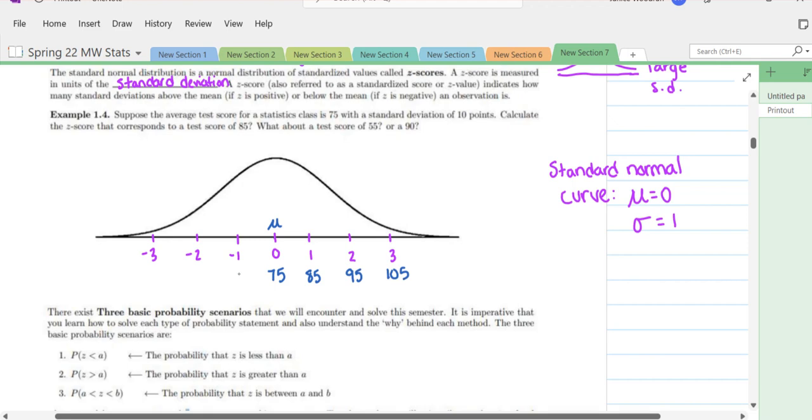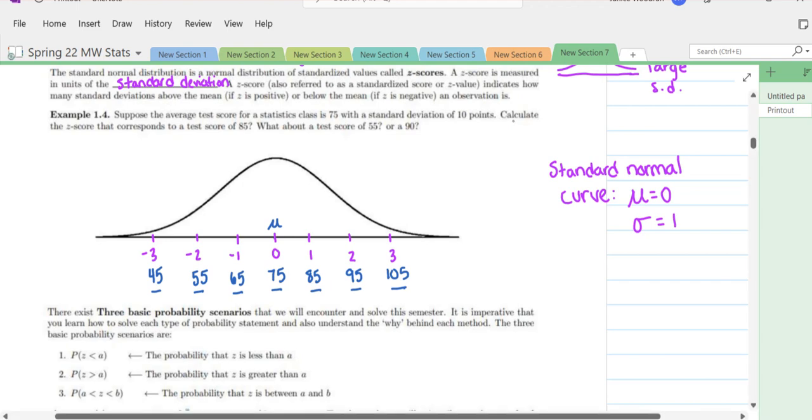Then I'm going to subtract 10 points: 65, 55, and 45. All this means is that these z-scores, -3 to +3, correspond to the values we've placed below them. But now, on the standard curve, I can say what z-score corresponds to the value of 85.